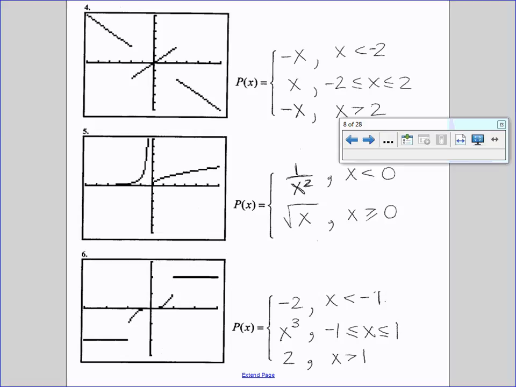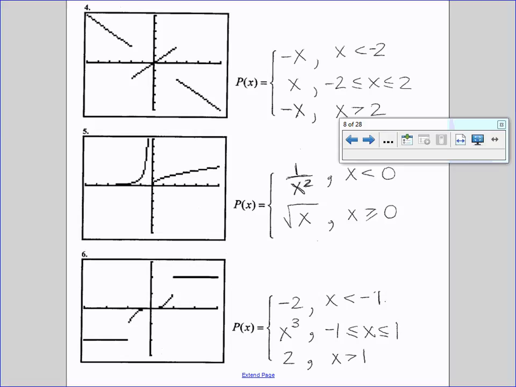The inverse squaring must be strictly... Did you do 1 over x? I did the opposite. Okay, so yes, that makes a branch.